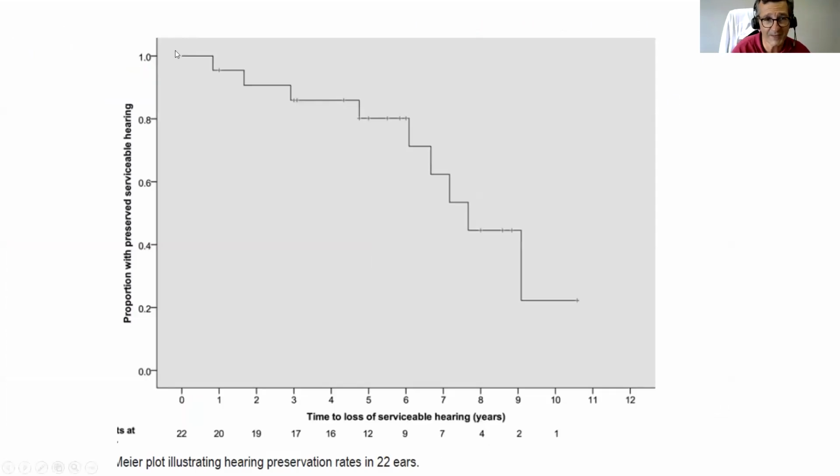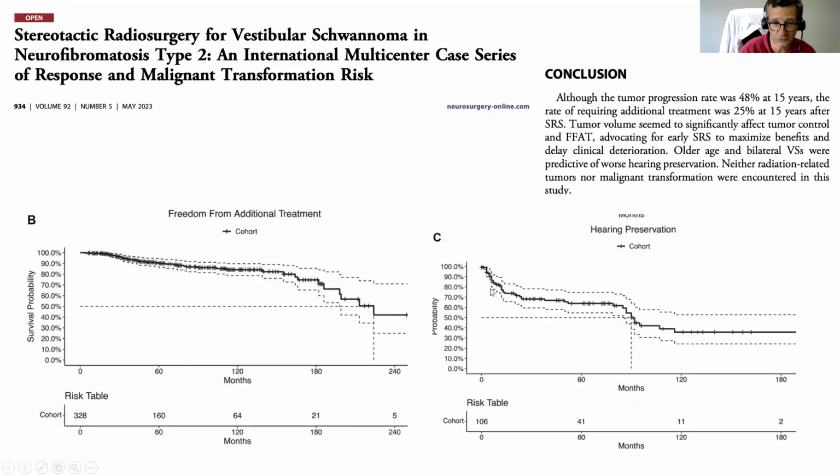And for gamma knife, we know that hearing loss can happen in the year following the treatment. This is a recent paper, and you see freedom from additional treatment.